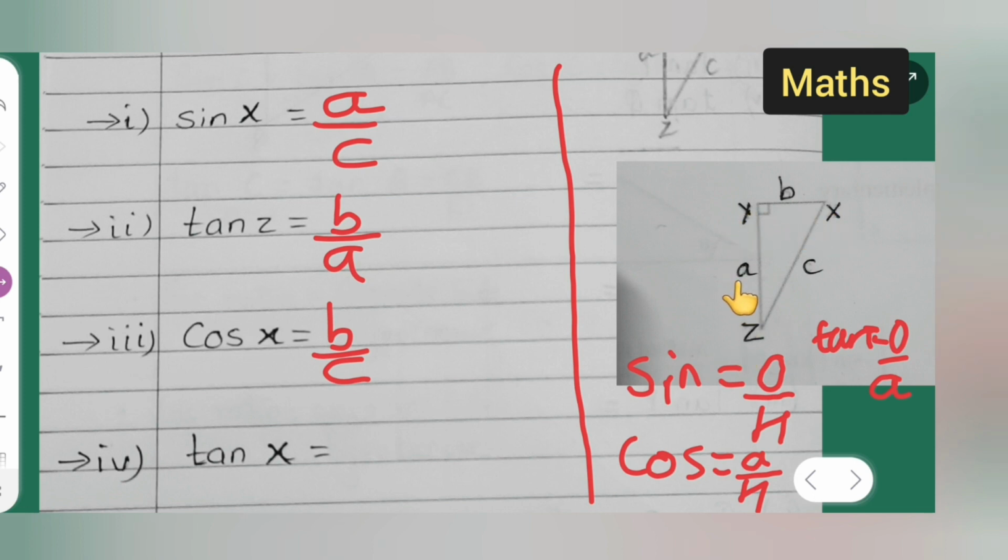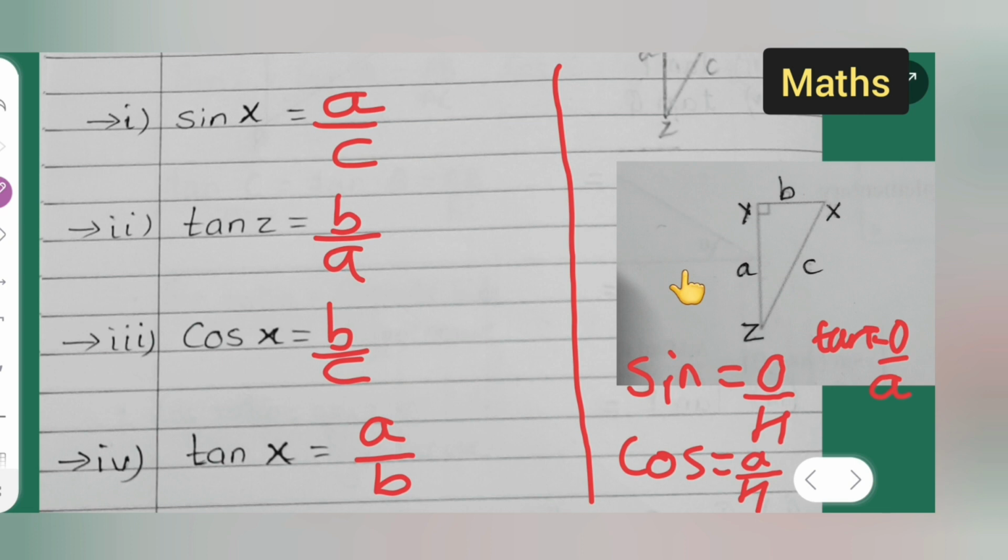So it will be a upon b, because opposite is yz upon adjacent, and the adjacent side is yx, so it will be a upon b. So you all can write it down, a upon b, and you all can take down this.